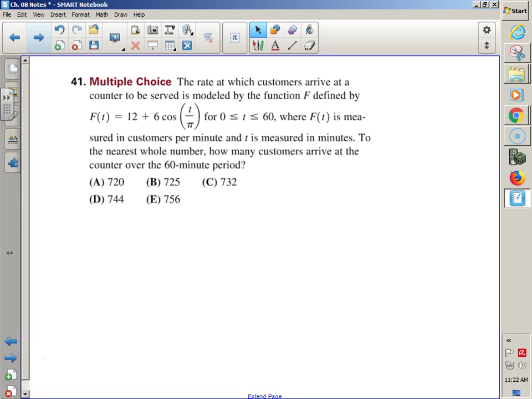Between 0 and 1? No. Justin, she's saying sine times 6 pi.